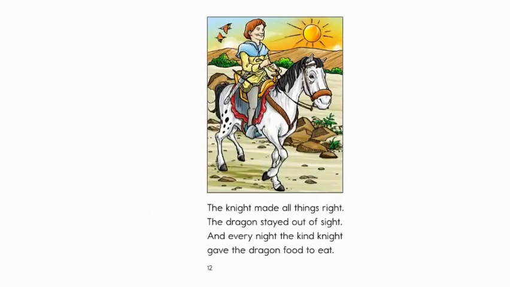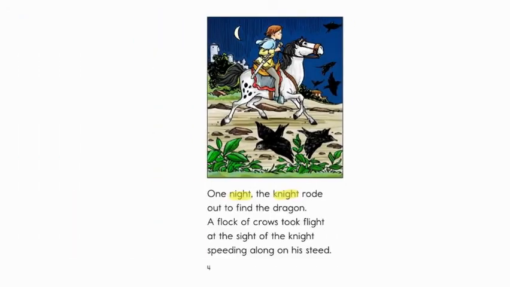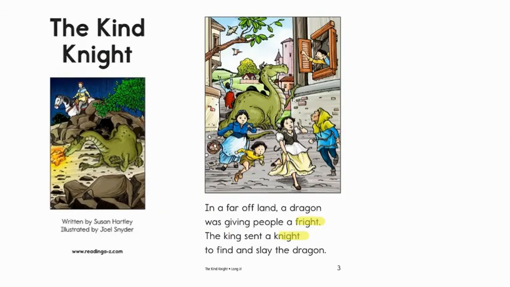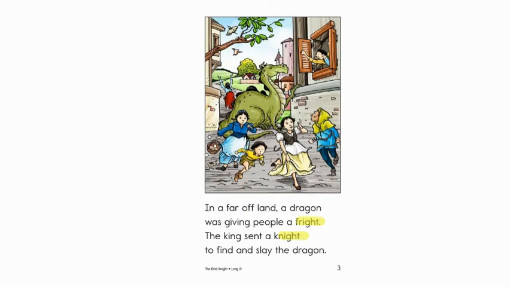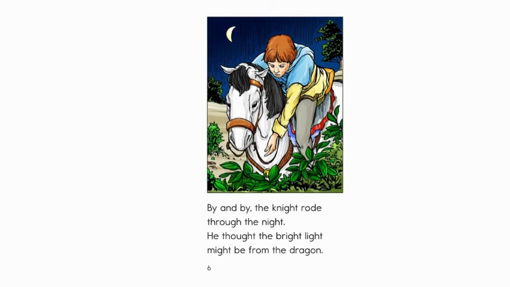Okay, now let's go back and talk about what happened at the beginning, in the middle, and the end of the story. At the beginning of the story, we find our characters. The main character is the knight, right? And the problem in the beginning was that there was a dragon that scared all the people, right? So in the middle, you see the kind knight, the main character, going to try to find the dragon.